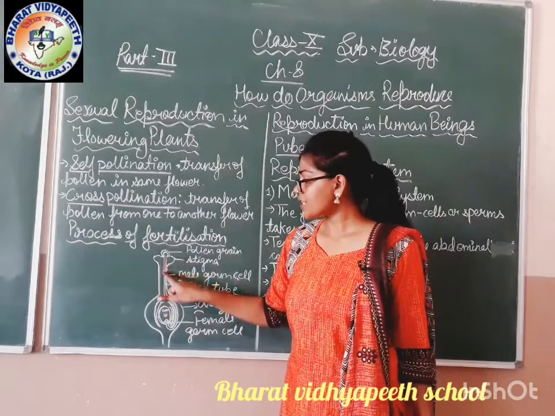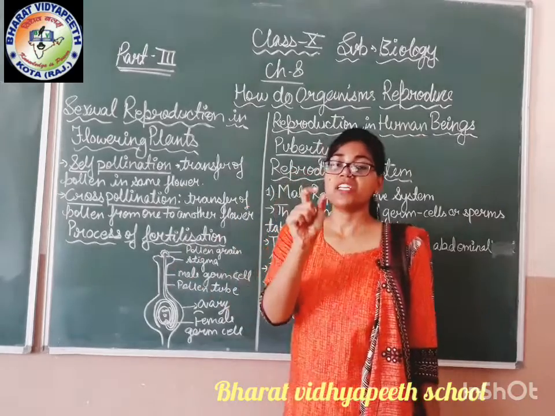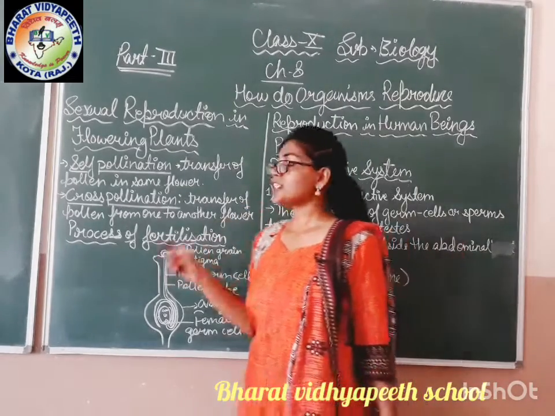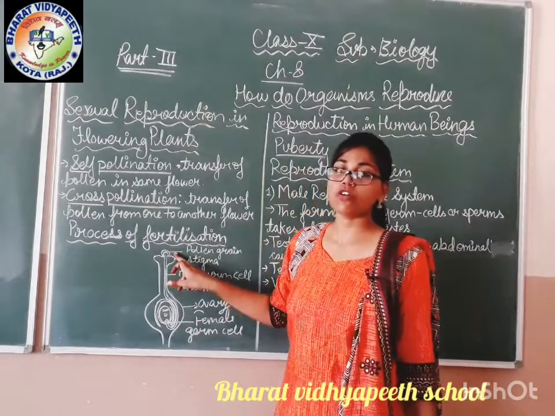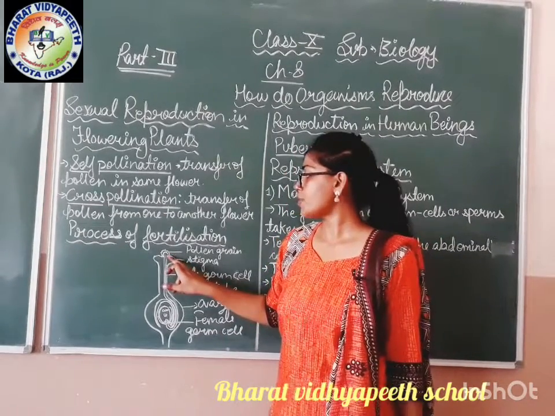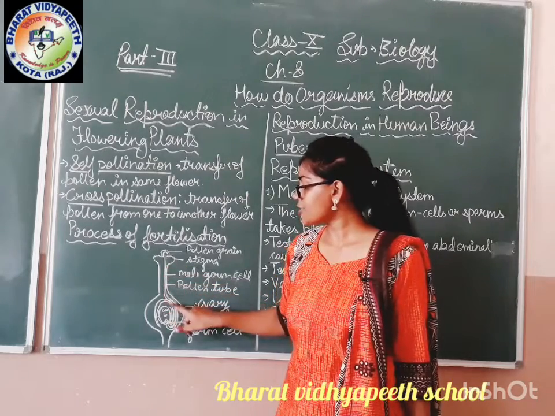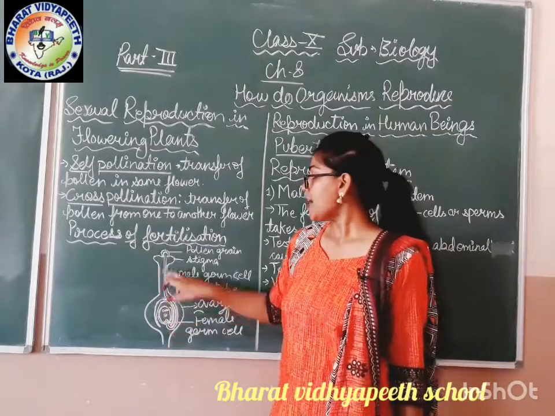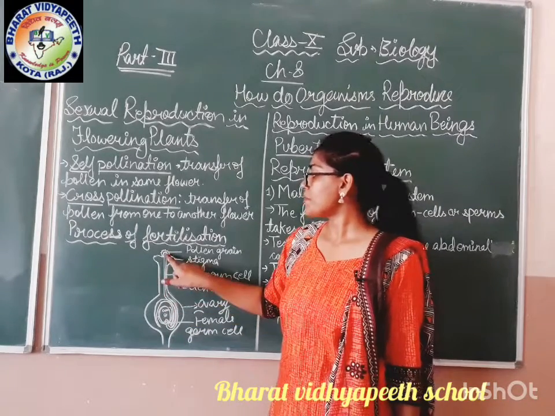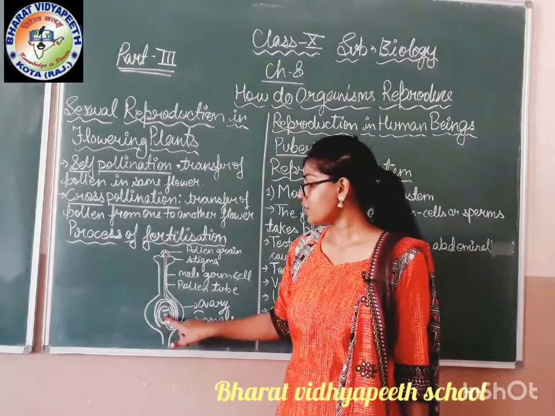The pollen grain contains the male germ cell, and this pollen tube reaches the female part of the flower. Through this pollen tube the male germ cell is transferred from the upper part to the inside of the ovary of the flower.